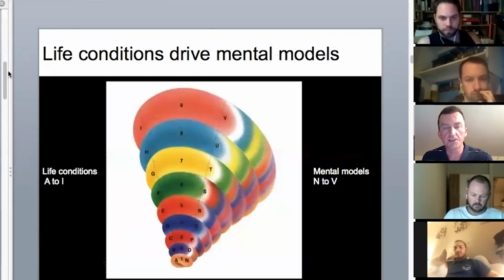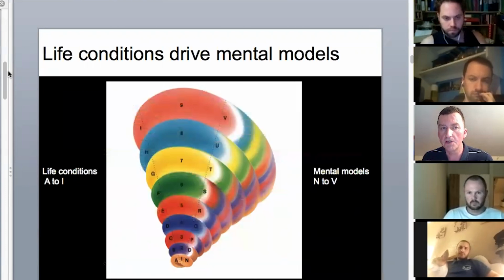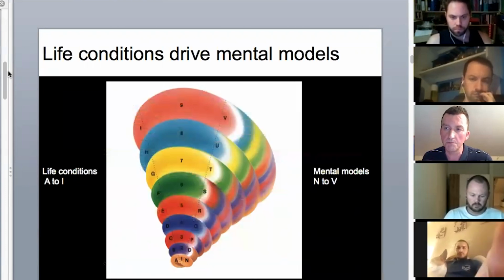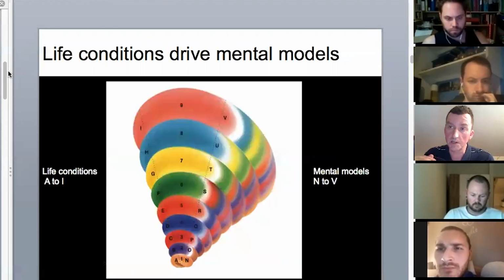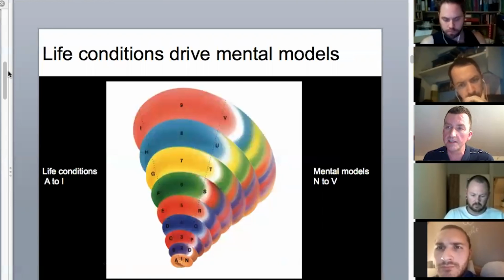So this brings us on to spiral dynamics. Spiral dynamics shows the interrelationship that life conditions drive our mental models. You can use spiral dynamics or any of the stages development systems to show that this is what we go through from birth up to where we are now, but it's also how we've gone through humanity as a whole. And I always present this from a historical perspective because it brings a lot of insight to it.